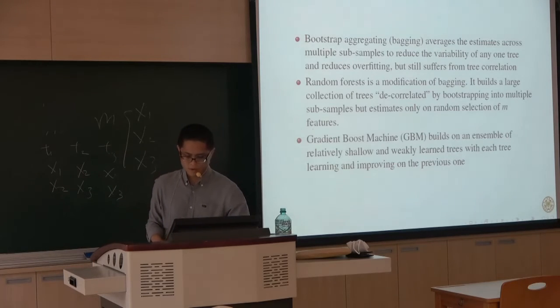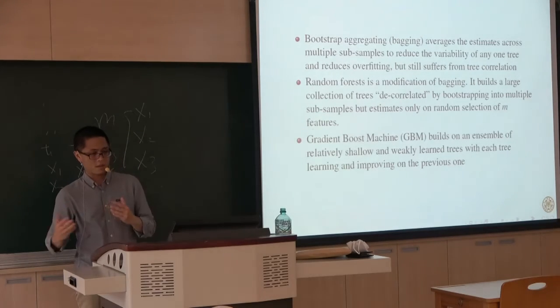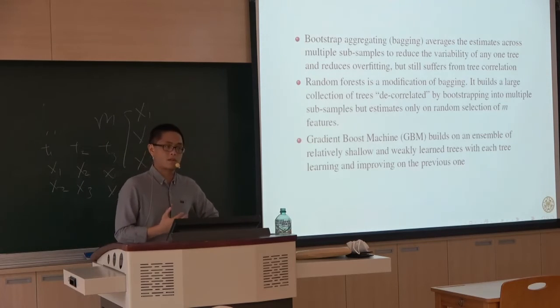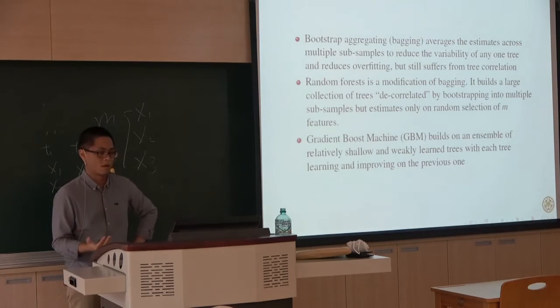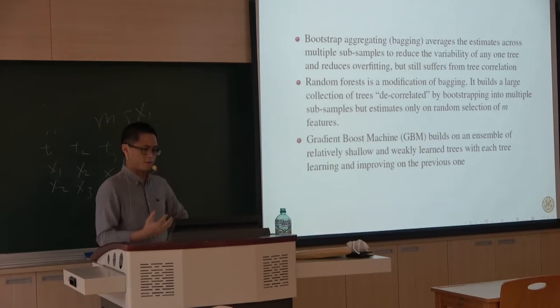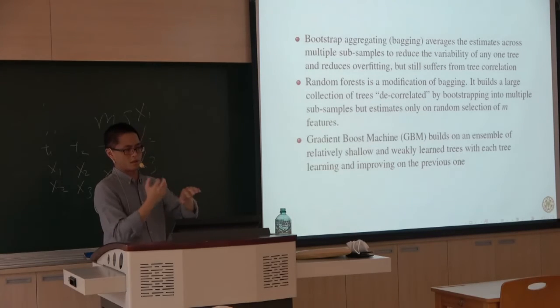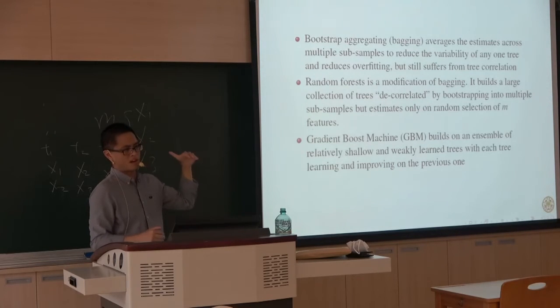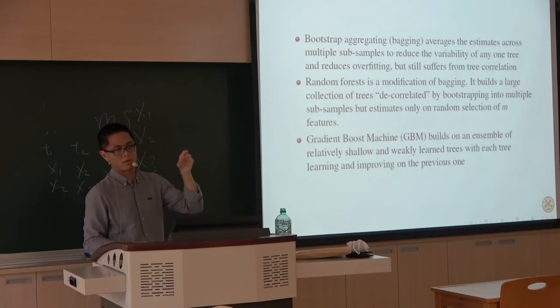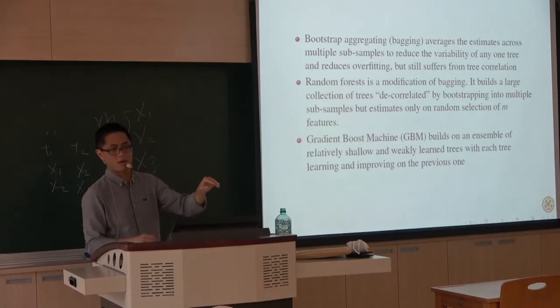The gradient boosting machine is an award-winning algorithm that we build on single relatively shallow and weakly learned trees, with each tree learning and improving from the previous one, just connecting those weakly learned trees together to gradually reduce the remaining model error.